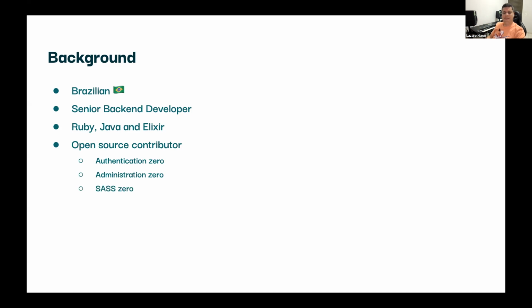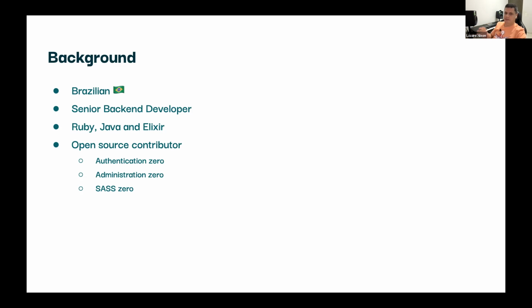Also, SASS Zero. This is a library to work with CSS, but like with Tailwind. So for each Tailwind variable, I create a variable in CSS.